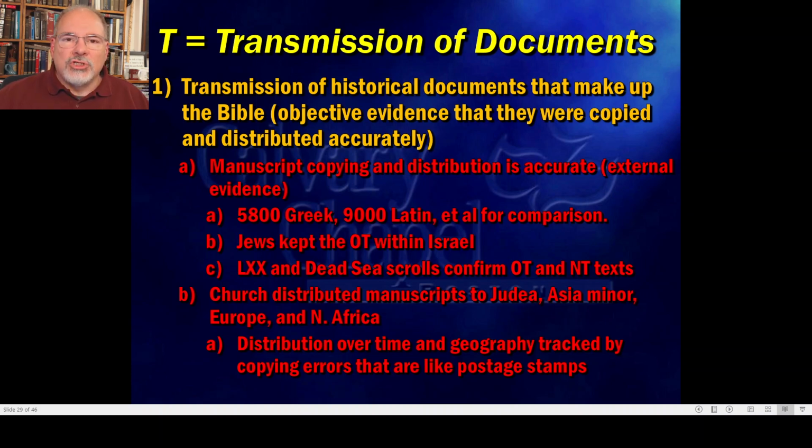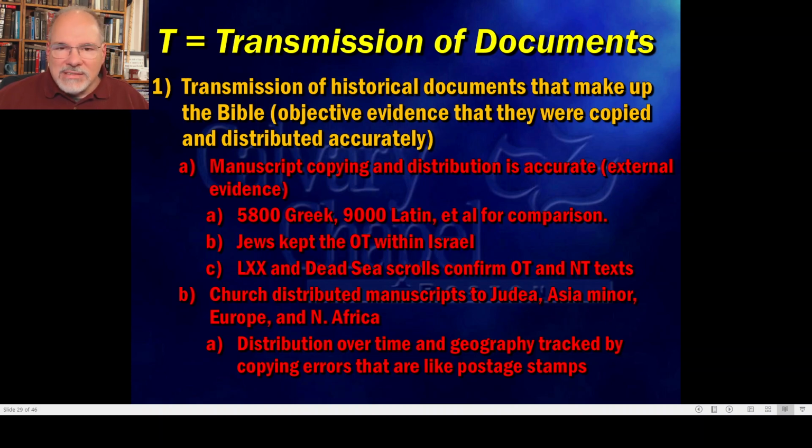However, they don't change what it says, and they give a good indication in many of the manuscripts of where they were copied from and how they were distributed, because the errors are copied and sent out to different geographies, and they're like a postage stamp that has a mark on it so that they can be tracked. So, though it sounds counterintuitive, it's more beneficial because of the errors than if you didn't have any errors in them.